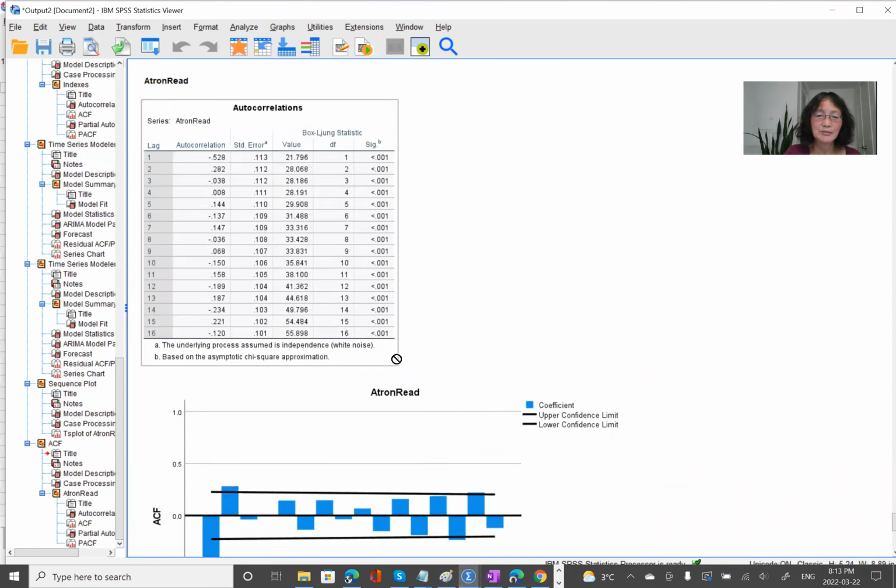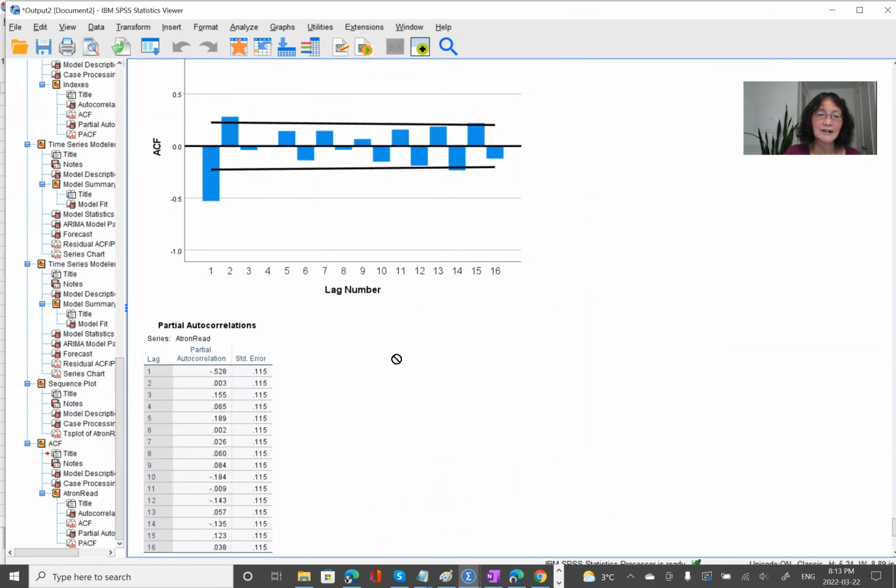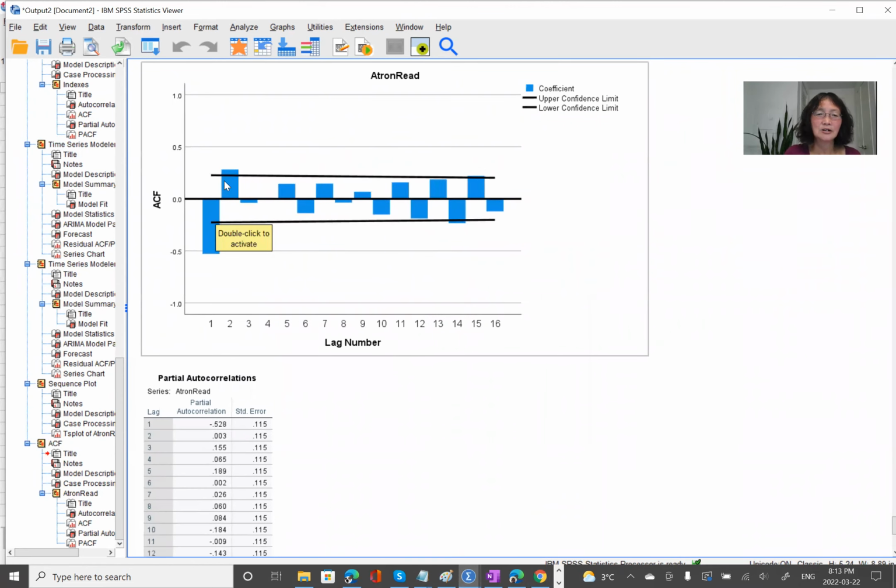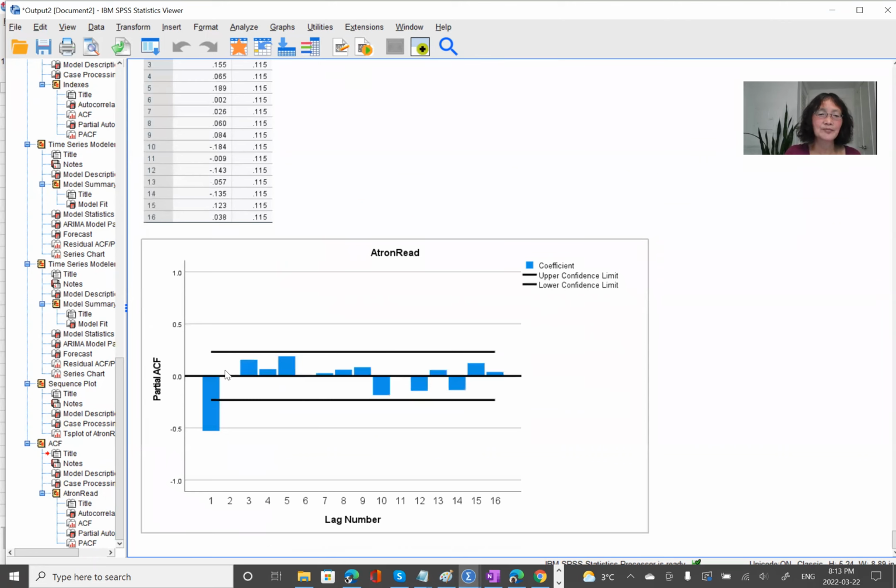From this graph, you can see there is a significant autocorrelation for the first lag and for the second time lag. Lag 1, lag 2 are significant because they are above the limit. And here the partial autocorrelation, the first one is significant. Okay. All right.